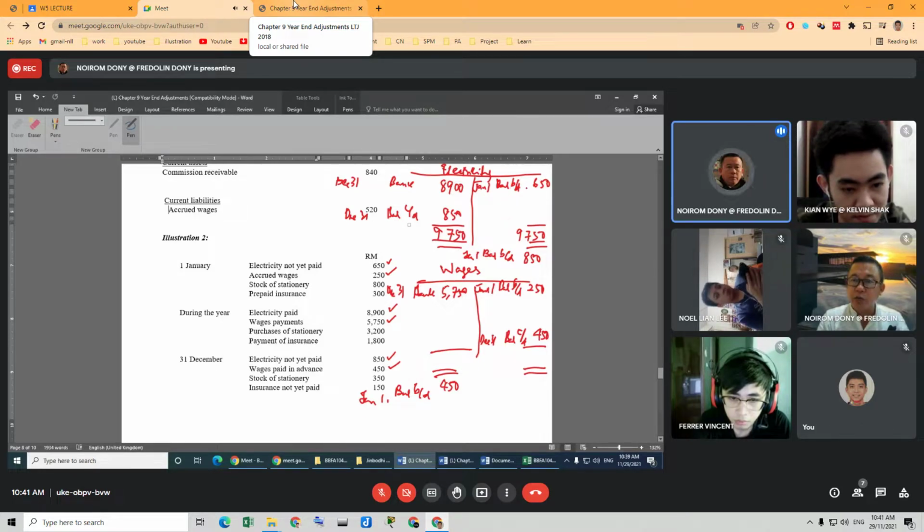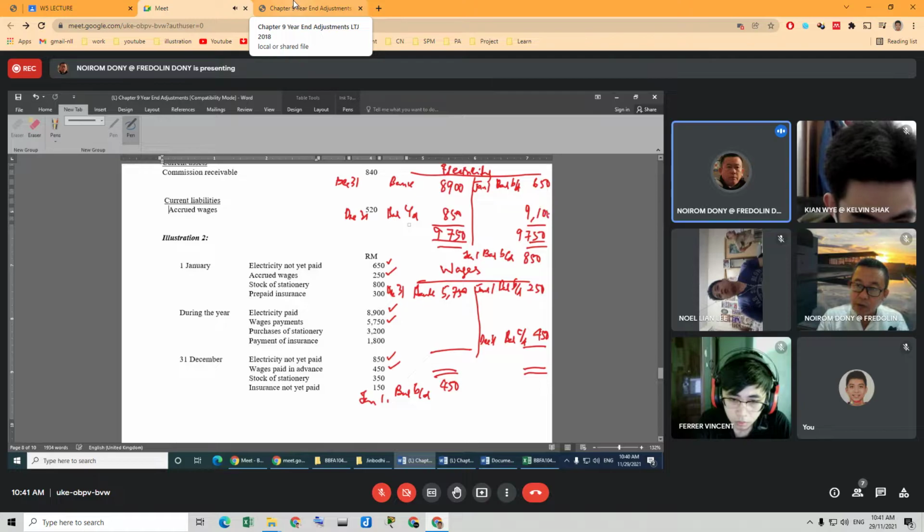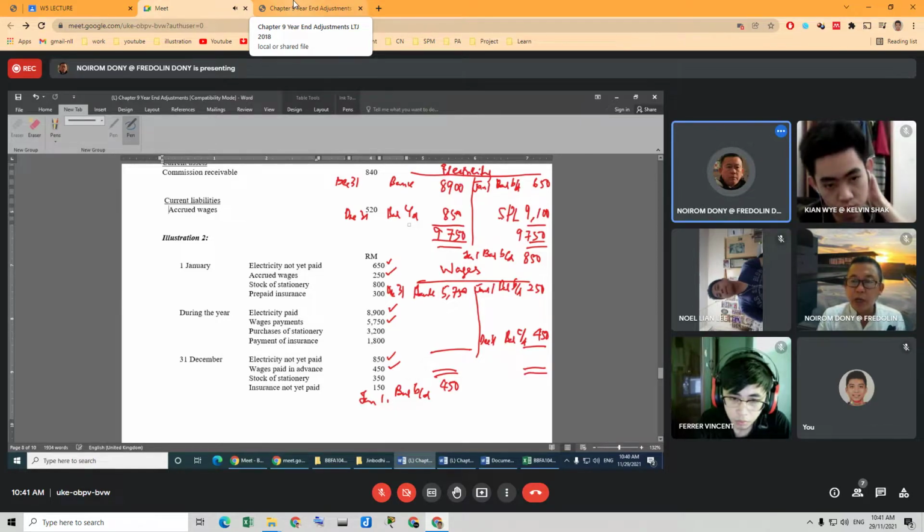And in order to make credit total as 9,750, I do 9,750 minus 650. So you have a balancing figure, 9,100. So this is the amount that you need to close off and put into SPL. So at the last day of the year, December 31st.